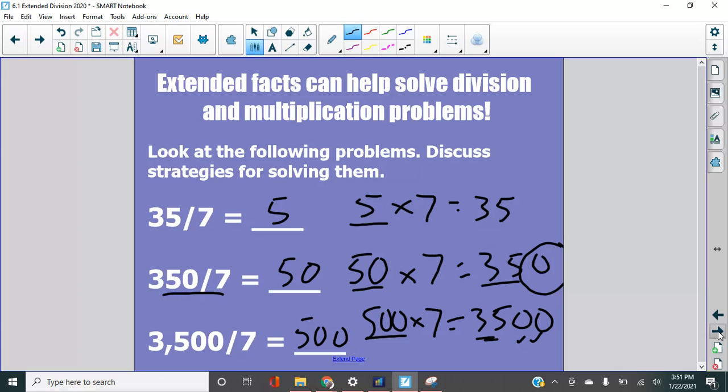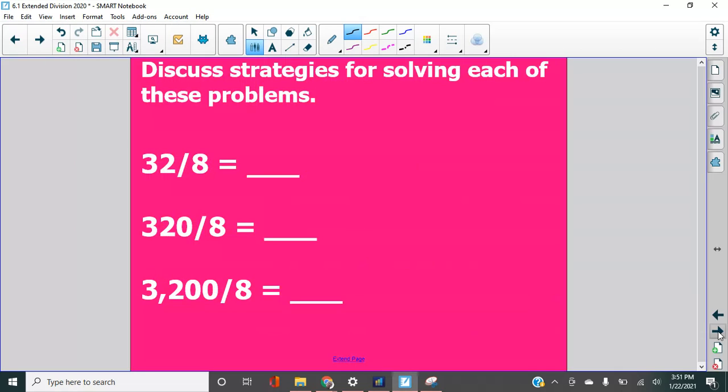A lot of people might have said rewriting them as multiplication problems, especially if you don't feel super comfortable with division. All right, let's rewrite this as a multiplication problem. What would the multiplication problem be? Okay, we'd have something times, not times 3, times 8 equals 32.